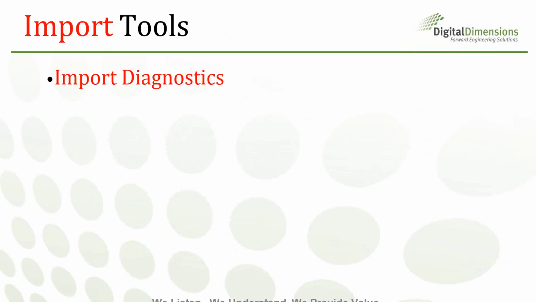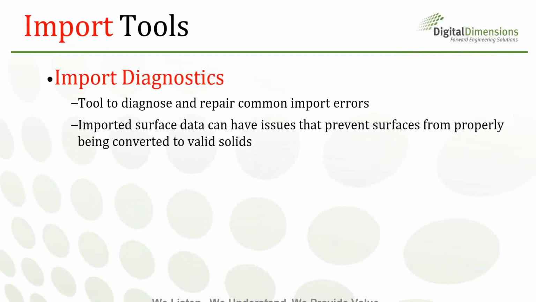The next thing I wanted to look at was this Import Diagnostics tool, and I'm going to have a couple examples here. If you don't know what Import Diagnostics is, this is a very powerful tool to diagnose and repair common import errors. Imported surface data from these dumb geometry models can have issues that prevent surfaces from properly being converted to valid solids.